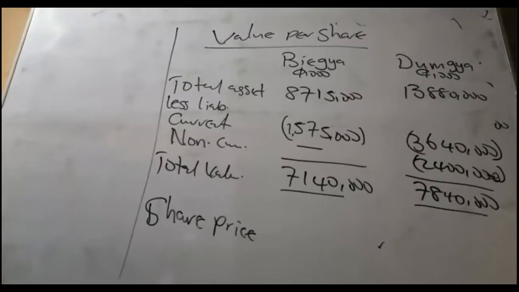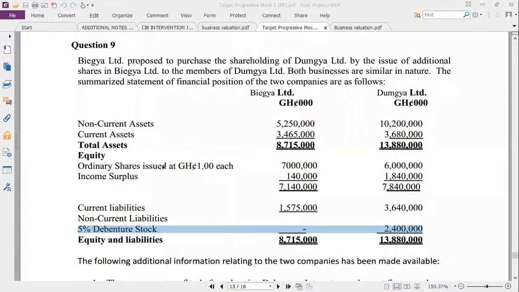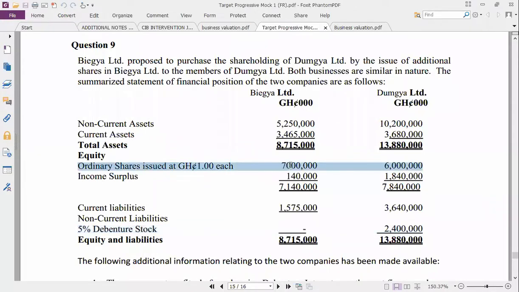So the share price will be, let's go and pick the number of shares that each company has. What will be the number of shares for Bija and then Dumja? If the share price is 1 cedi and the value is 7 million, the number of shares will be 7 million and 6 million respectively. But if you want to write it in full, it's 7 billion and 6 billion respectively, because there are 3 zeros here in addition to the 6 zeros.